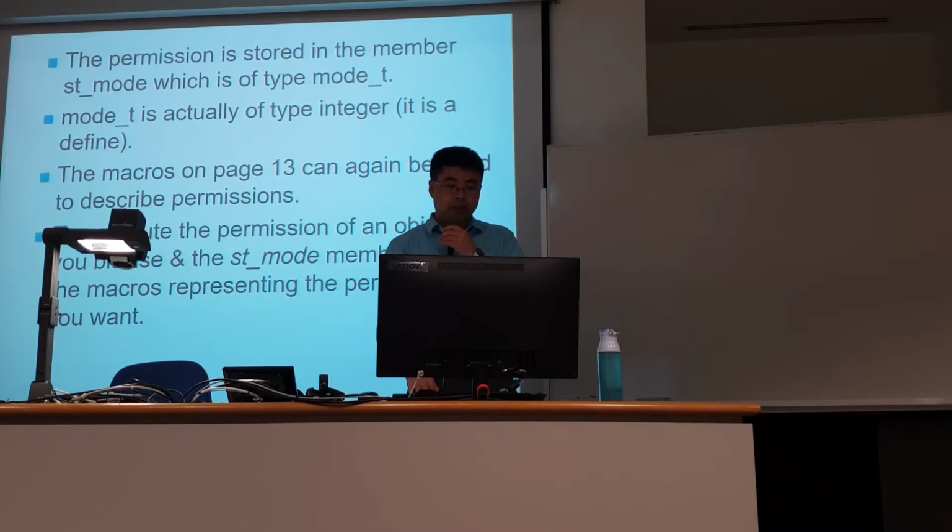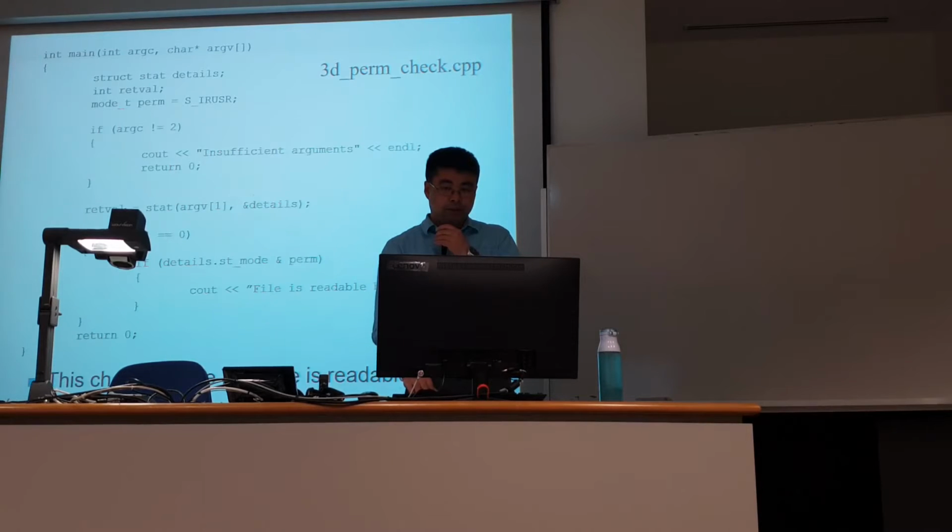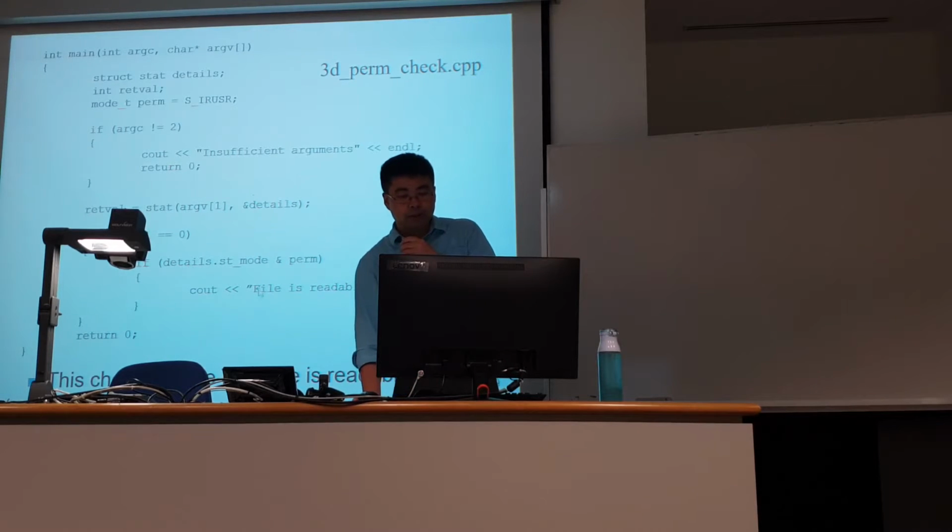As I said, the permissions are stored in this particular element inside the structure. You can check permission. For example, you get this permission list, and you check this permission. Permission here means whether the owner can read or not.